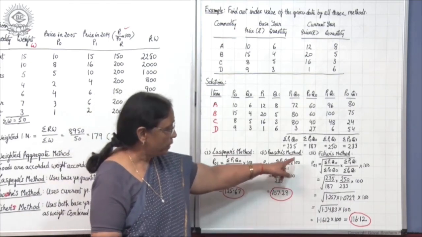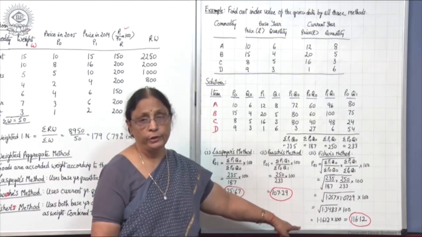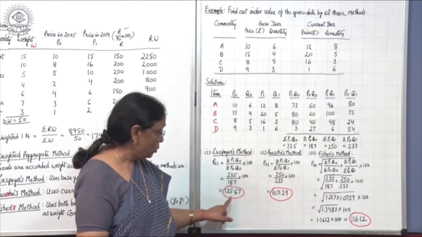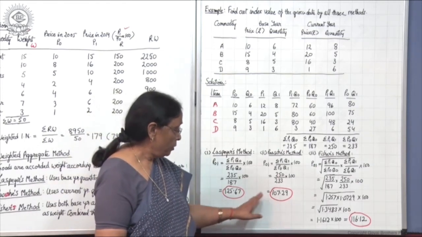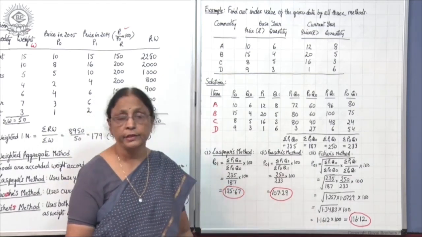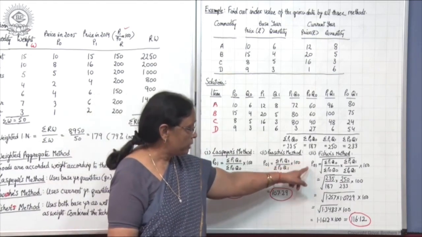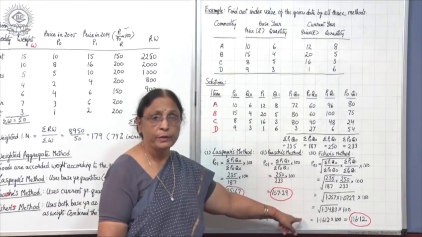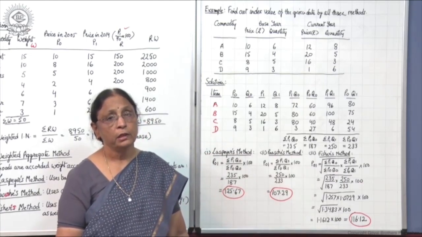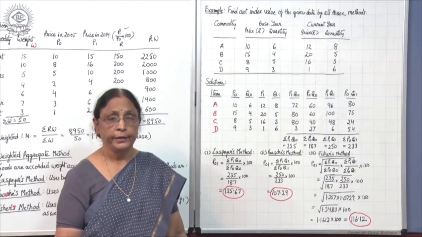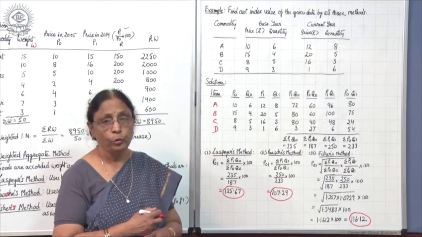So Fisher's method is considered the best because it is more accurate, though these are also giving an idea that prices are increasing. All three show that prices are increasing, it is more than 100. But this method is considered the best because it takes the quantities of the base year as well as the current year and then finds the relation between both.